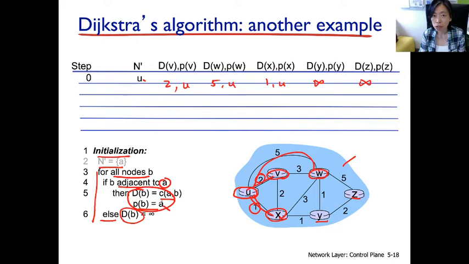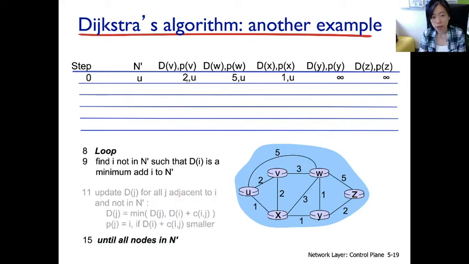Set the distance to those nodes infinity. And to be precise, the predecessor for those nodes will then also be nil. So 2U, 5U, 1U, infinity, infinity. Therefore, to fill in the first row, step 0: 2U, 5U, 1U, infinity, infinity.